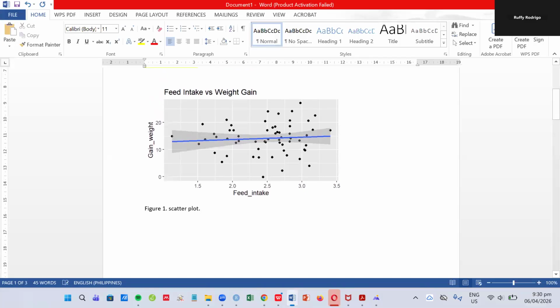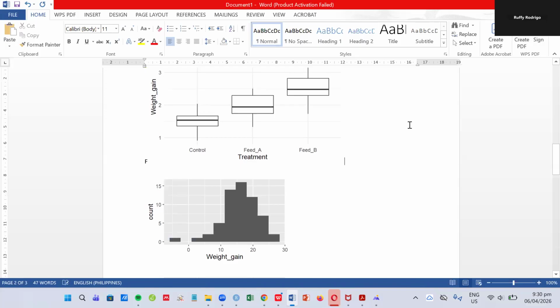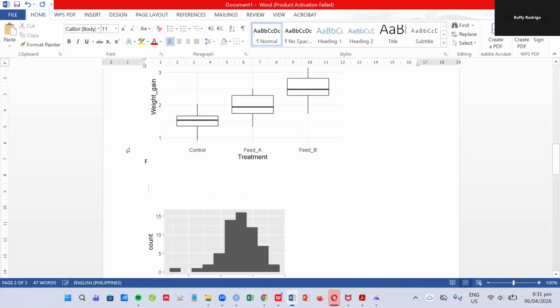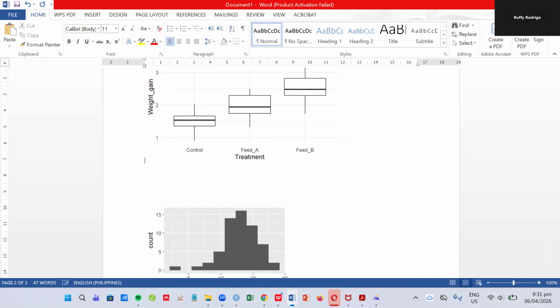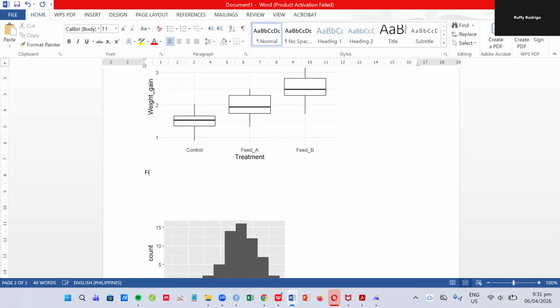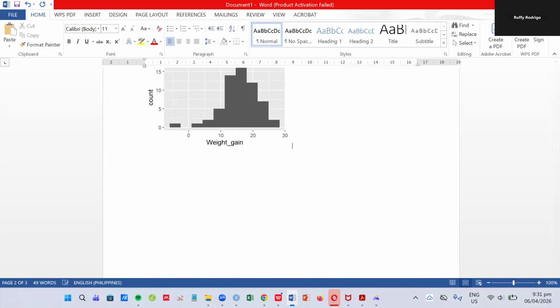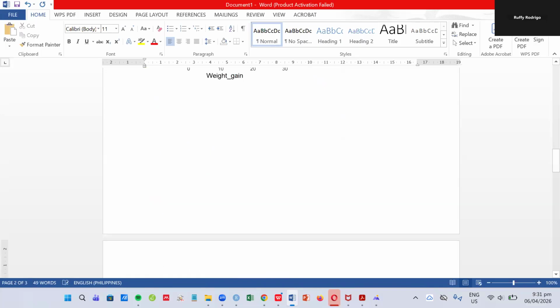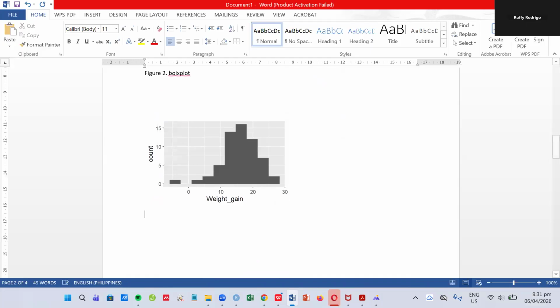So, scatter plot of blah blah blah, and then here you can see box. These things are easier for me. Then figure two, box plot, and then here I would say figure. So this is exactly how you do it.